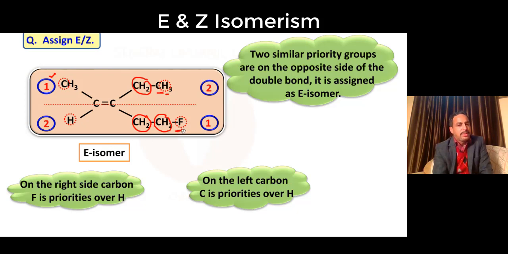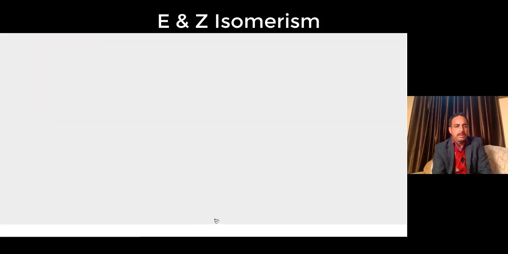Fluorine has higher atomic number, so it will be most preferred. It will be 1, it will be 2. And now same priority on diagonal position, it will be E isomer. Is it clear?